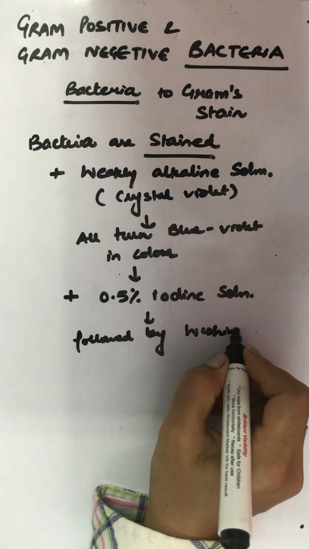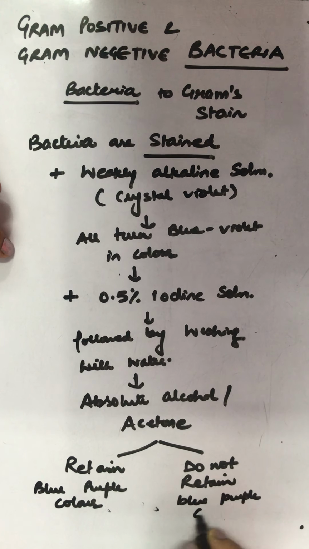Here we receive two categories: bacteria which will retain color and which will not retain color. Accordingly, we divide them. Bacteria which retain blue purple color and which do not retain blue purple color belong to two categories.